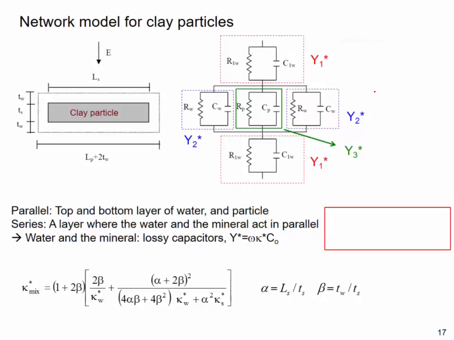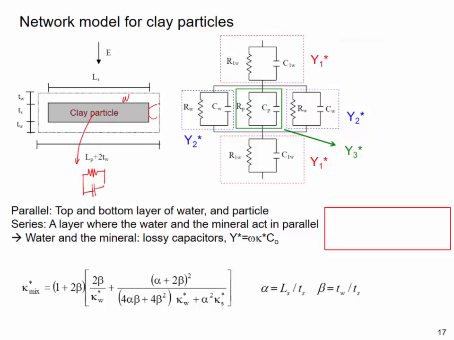as an example of using this L and R and C element, say that we have a clay particle which is solid, and there's a double layer in this clay particle. So you have water, and if there's a current flowing in this direction, or the electric field is applied in this direction, then this clay particle will act as a lossy capacitor like this.